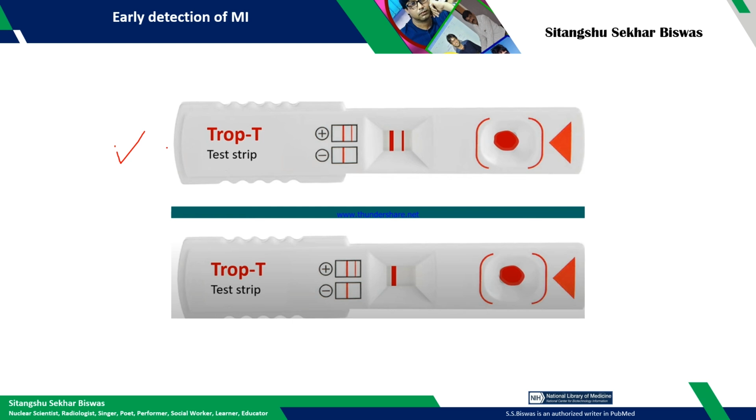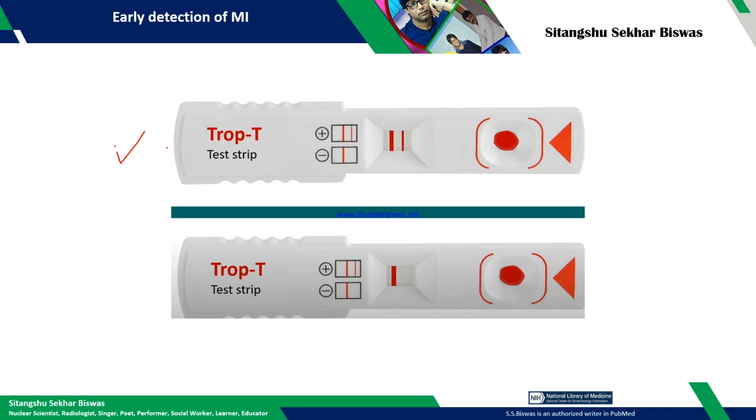It is also a very simple test, and I hope nowadays in the gated community where we stay, there is some small emergency healthcare unit available, where medical lab technicians are available round the clock.